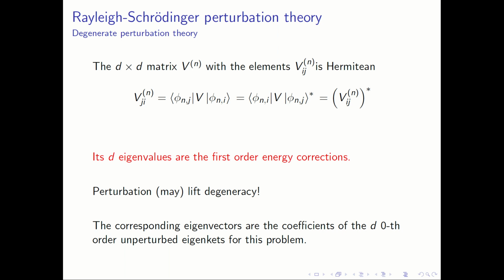Of course, you do not expect one eigenket, but you expect d eigenkets even after perturbation is applied. Well, first order perturbation theory helps you to identify not only what the first order energy corrections are, but actually even what the zeroth order eigenkets should have been.